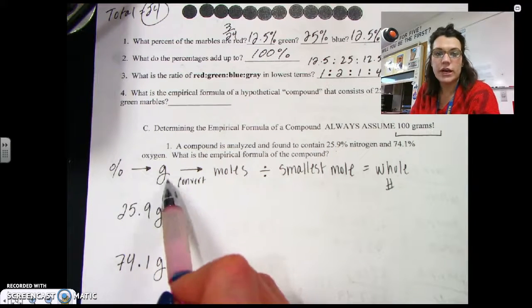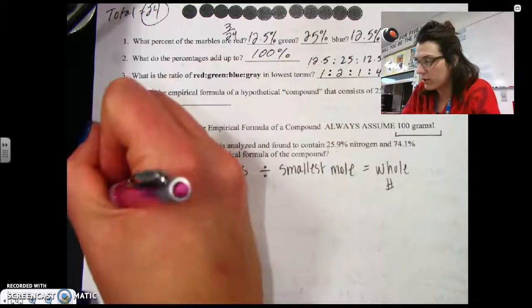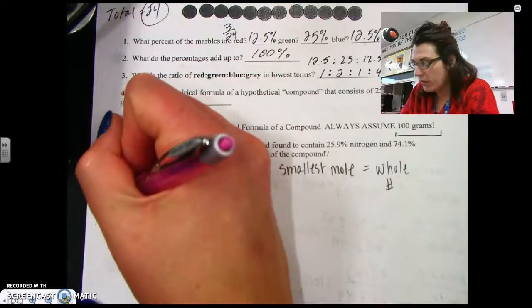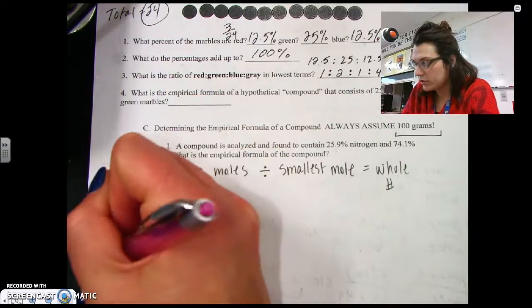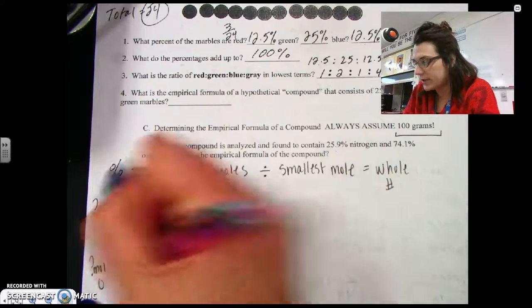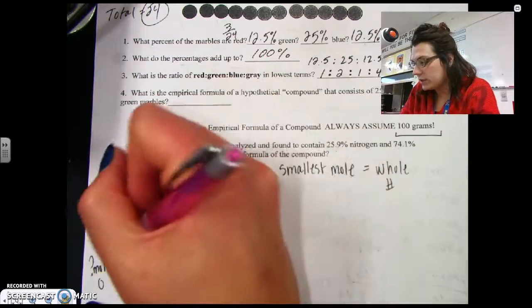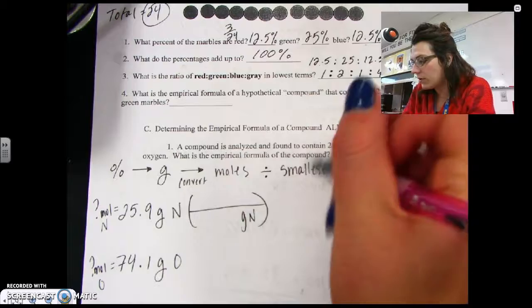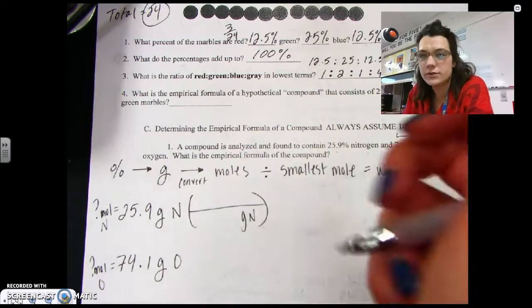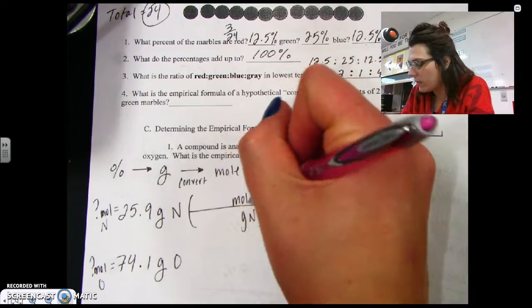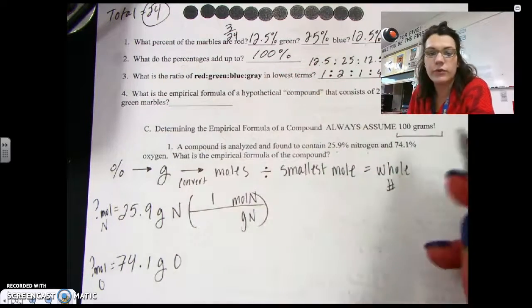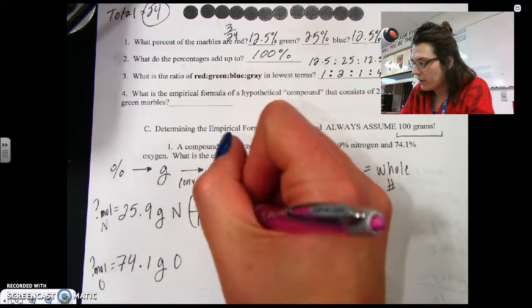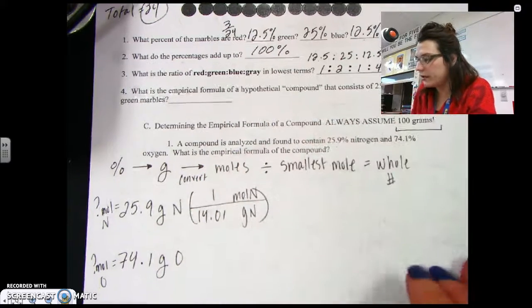Second step is grams converting to moles. So I'm going to say question mark moles of nitrogen, question mark moles of oxygen, equals, and I'm going to convert. Grams is on the bottom, so I want to cancel grams, so grams goes on the bottom. I want moles, so moles goes on the top. For every 1 mole of nitrogen, it weighs 14.01 grams.